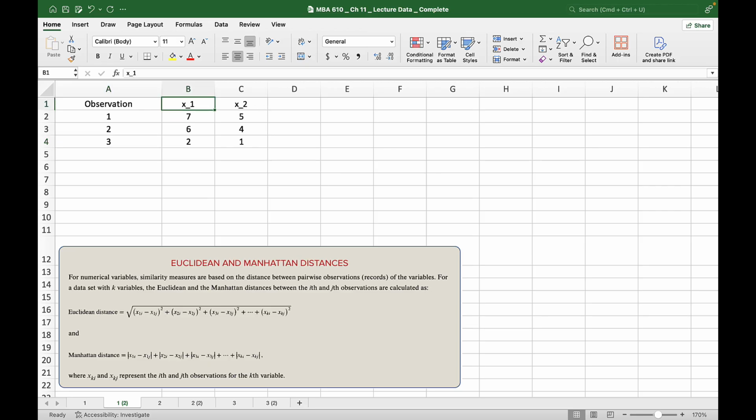These 2 variables, x1 and x2, represent the number of products that they viewed for a given brand on a visit to our website. Person 1 viewed 7 products by brand 1 and 5 products by brand 2. Person 2 viewed 6 products from brand 1 and 4 products from brand 2, and person 3 viewed 2 products from brand 1 and 1 product from brand 2.